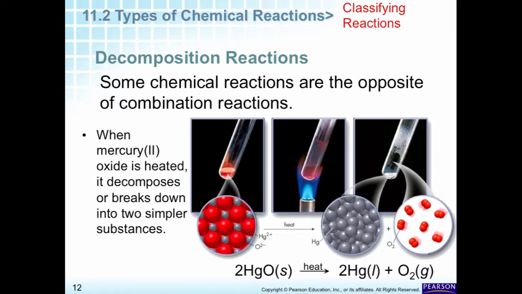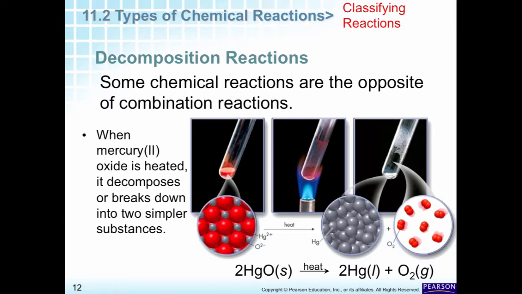That's when you start with one thing and make more than one thing. Okay, for instance, a very common thing that was used to discover oxygen was the burning of mercury 2 oxide. It's a red substance.